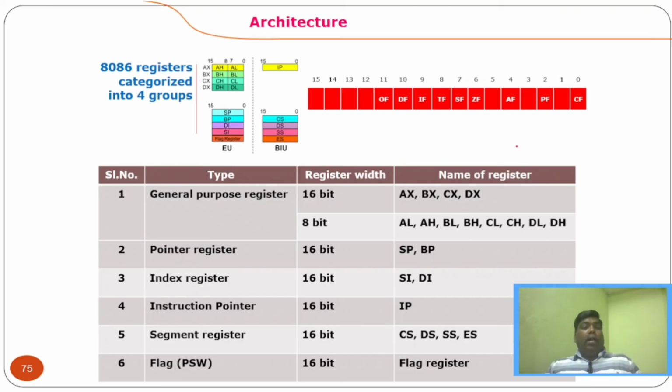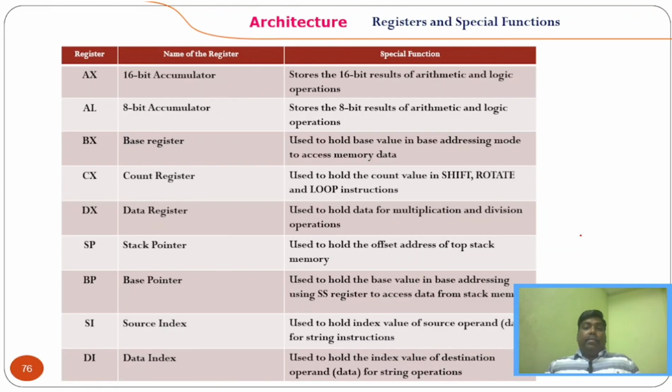So overall, these registers can be categorized into 4 different groups: general purpose registers, pointer registers, index registers, and separately the instruction pointer, and we have segment registers and the flag register. All these are 16-bit registers, but the general purpose registers can also be accessed separately as 8-bit registers.